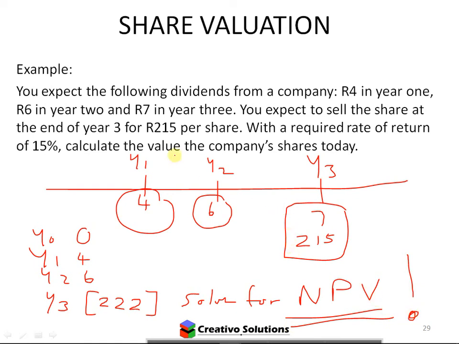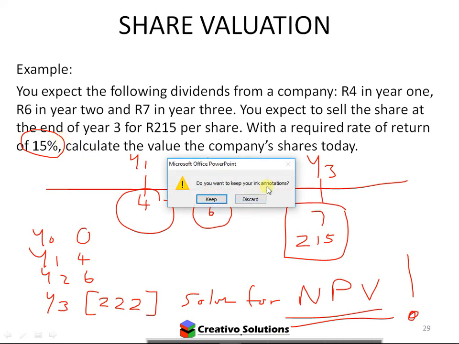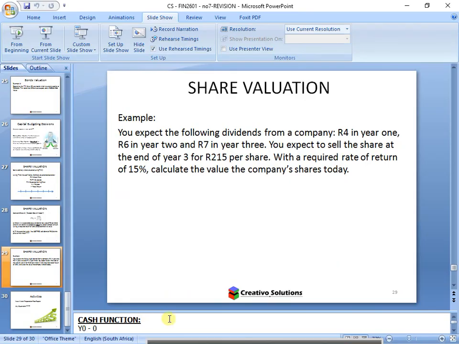Okay, using what? 15% as your I. So I think I've shown that here. Is everyone happy with the diagram? So there's the cash flow.